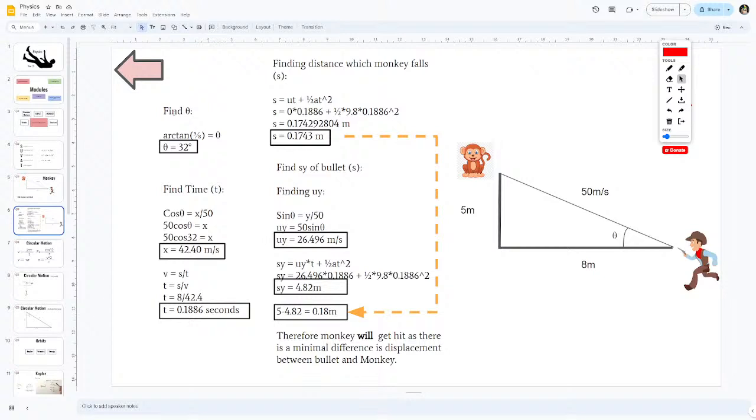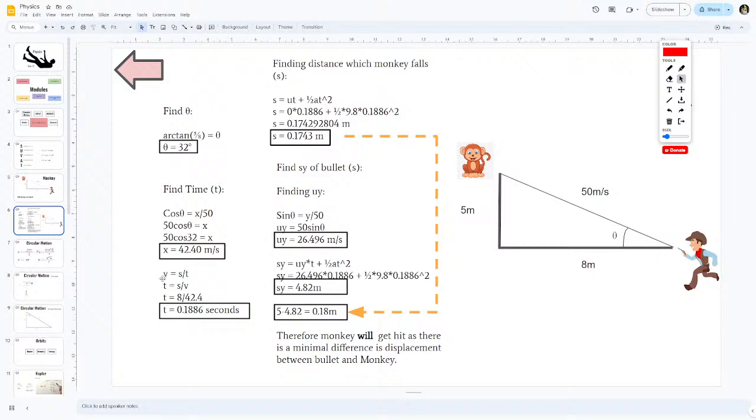So you want to find theta, which you do using the inverse of tan, with the 5 meters and the 8 meters. Theta equals 32. Then you need to find the time it takes the bullet to travel. So you do 50 cos theta to find the horizontal velocity, which gets you 42 meters per second.